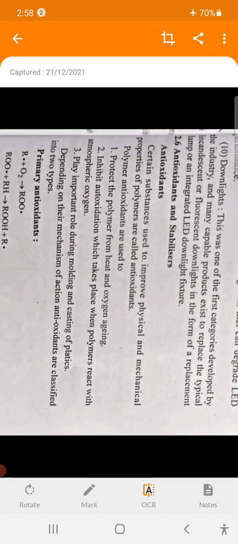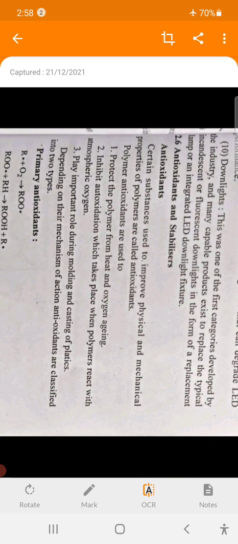There are different types of antioxidant materials that are used. First is primary antioxidants. Primary antioxidants are based on a radical mechanism.